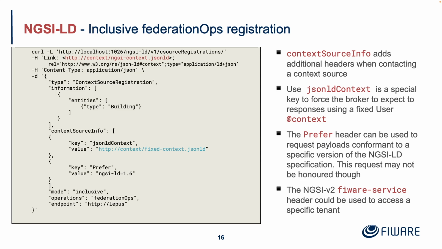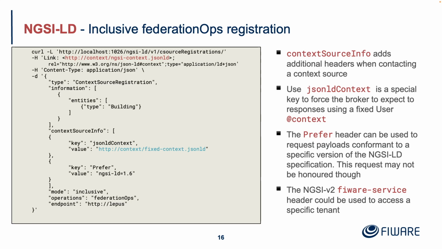The NGSI-LD term is NGSI-LD tenant, but you would map to a specific FIWARE service, NGSI-v2, if necessary. What the context source info does is it adds in the additional headers to go through when making a request to the wrapper.